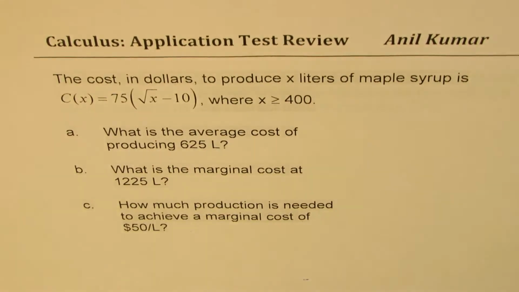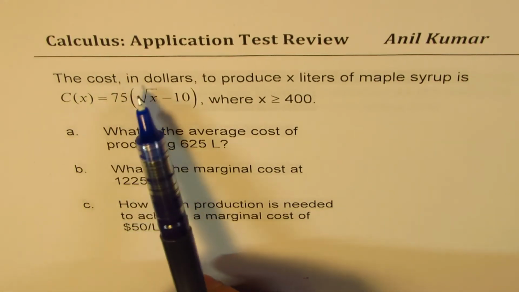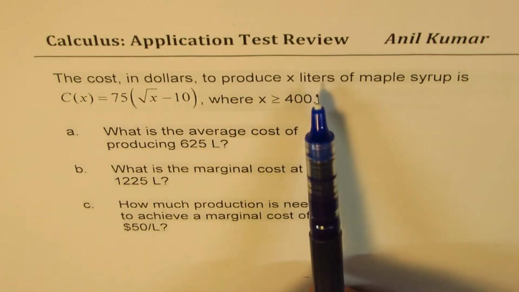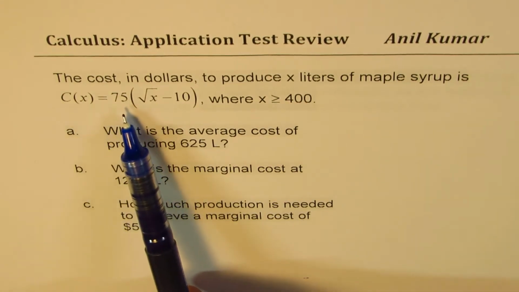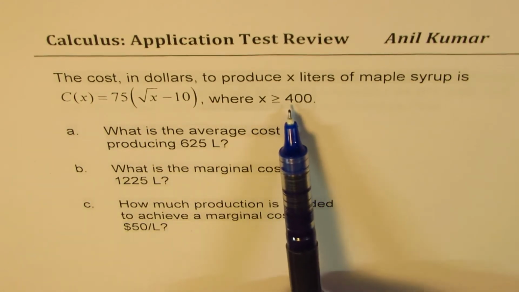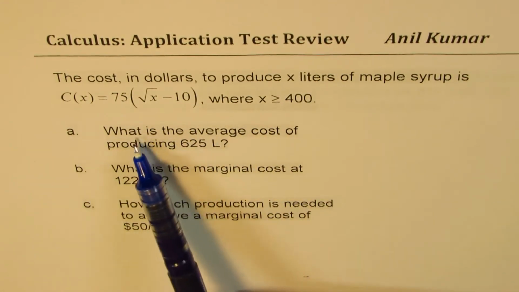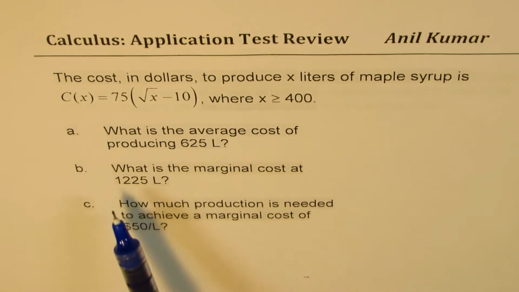The first example here is based on marginal cost. The question here is, the cost in dollars to produce X liters of maple syrup is C of X equals 75 square root of X minus 10, where X is greater than or equal to 400. What is the average cost of producing 625 liters?